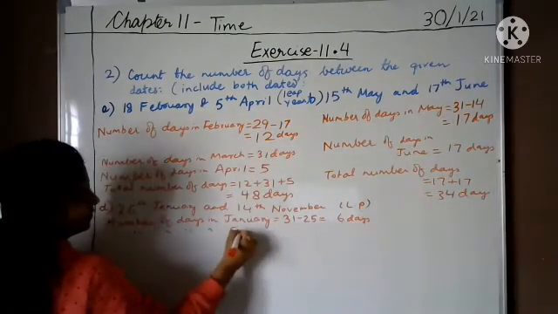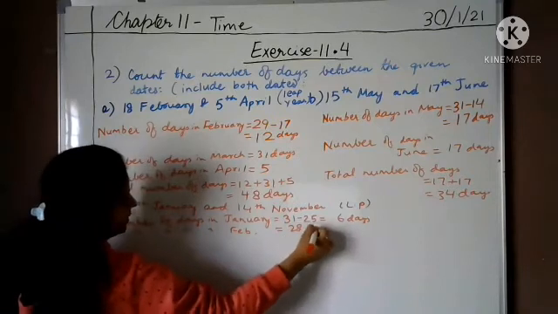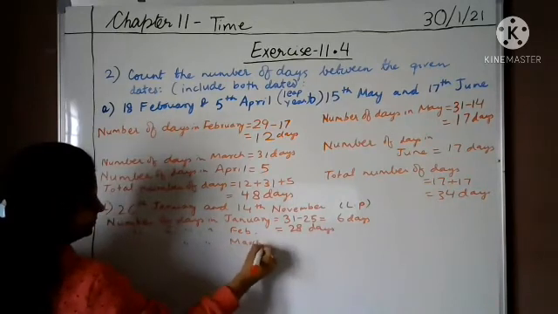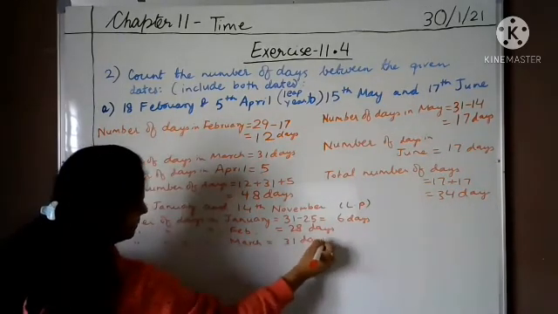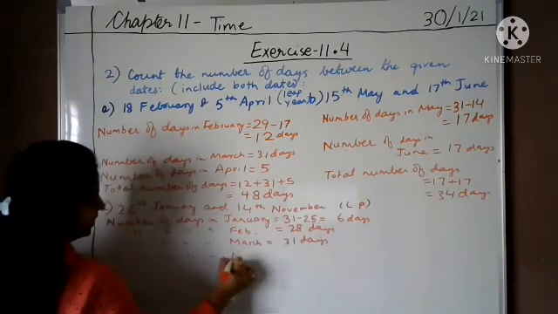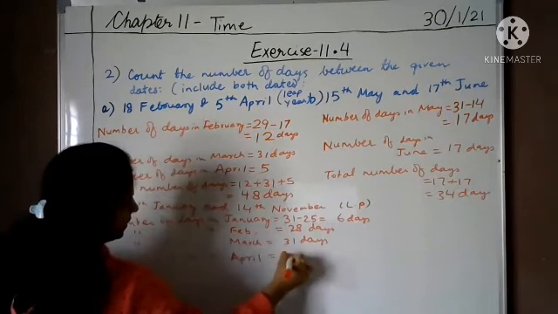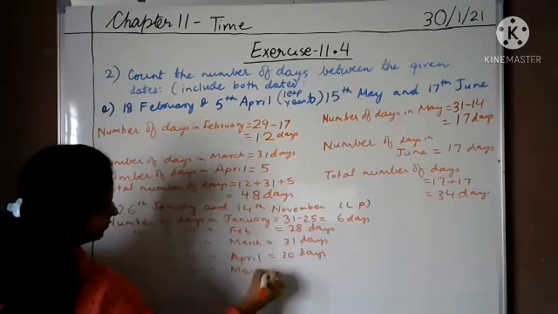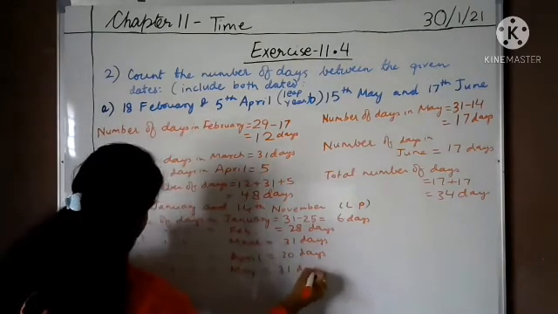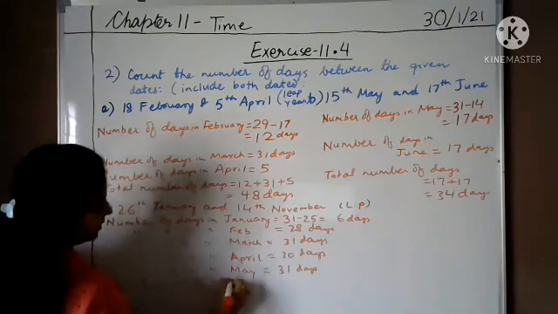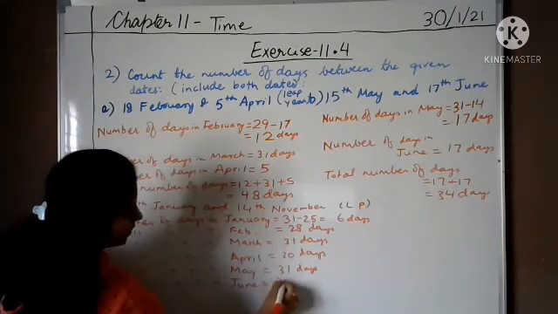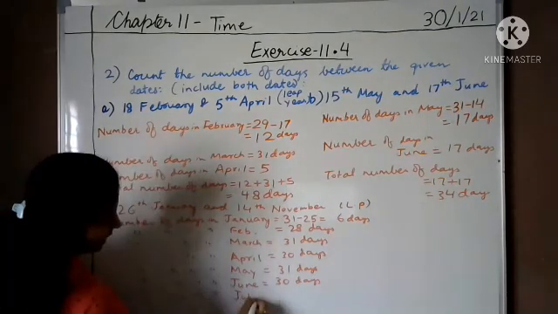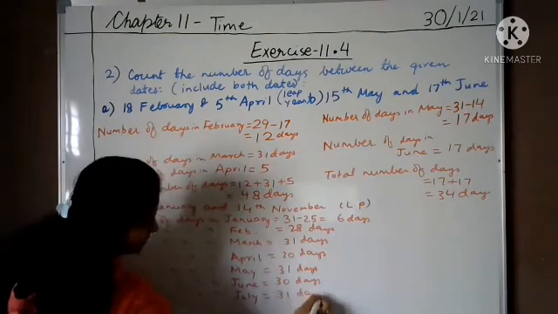Number of days in February, 28 days. Number of days in March, 31 days. Number of days in April, 30 days. Number of days in May, so 31 days. Number of days in June, 30 days. Number of days in July, 31 days.